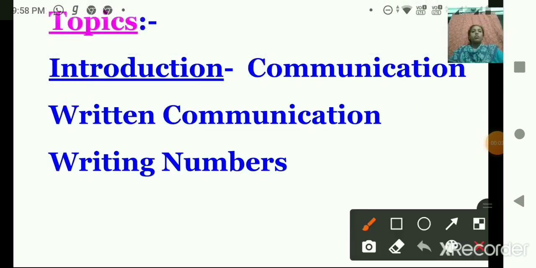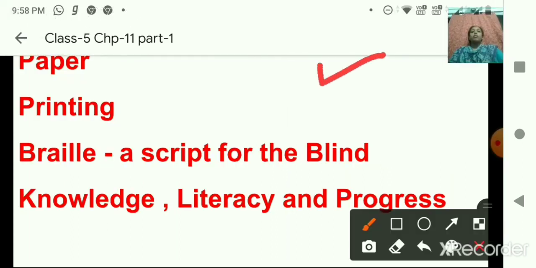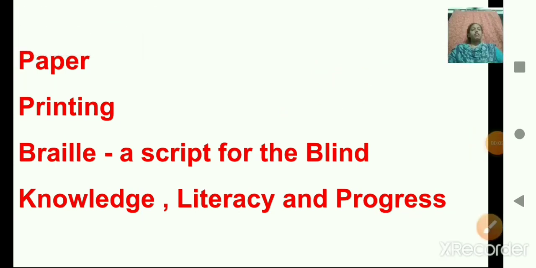First of all, we will see introduction on communication, then written communication, writing numbers, paper, printing, braille, a script for the blind, knowledge, literacy and progress.